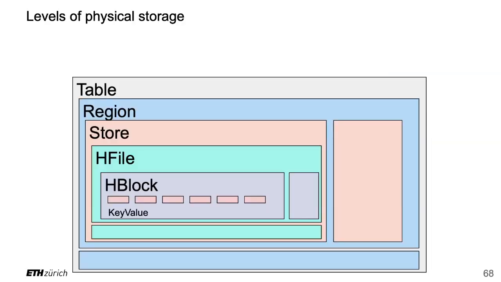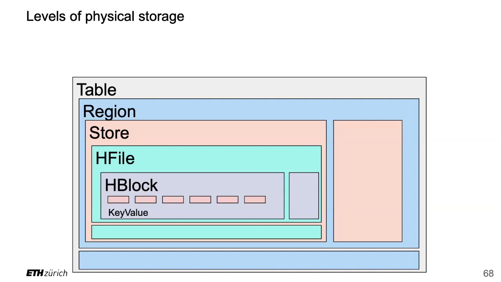And then I have the key values, which are the individual cell values for a specific version of a given row ID and column family and column name, right? So again, a table is made of several regions, which are made of several stores, which are persisted as several HFiles, which contain several HBlocks, which contain several key values. That's it. That's the physical level.